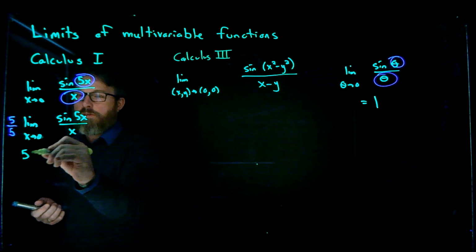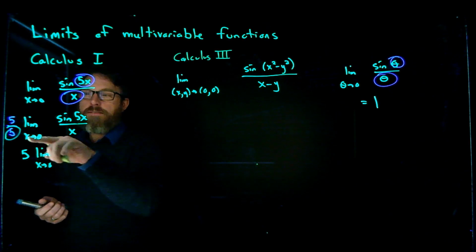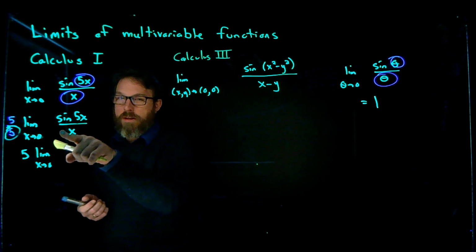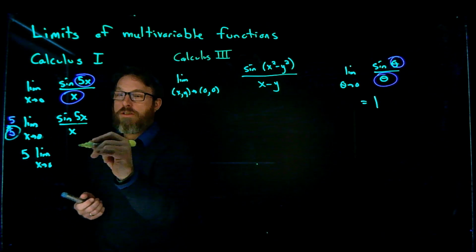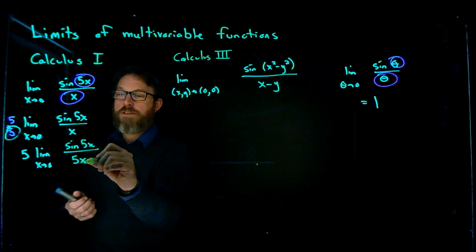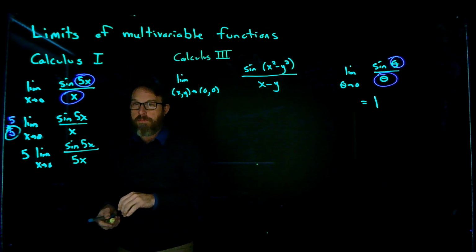So this is going to be equal to 5 times the limit as x approaches 0. I can take this 5, which is basically 5 times a fifth, and I can take the fifth and distribute it into the sine of 5x over x. So this is going to be equal to the sine of 5x over 5x, and you can still see that I have that multiplication of 5 over 5 there.